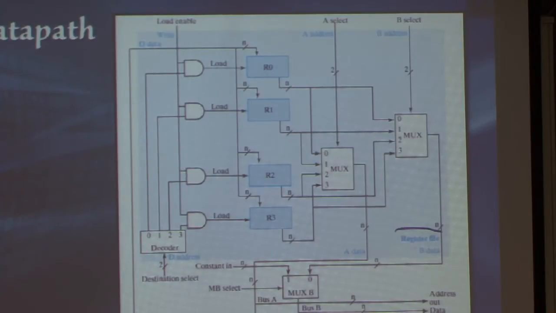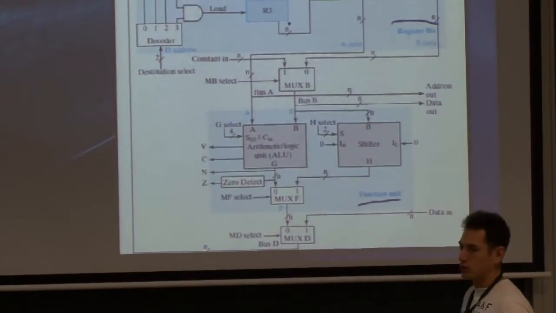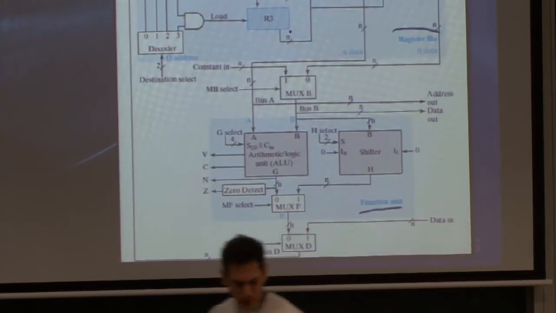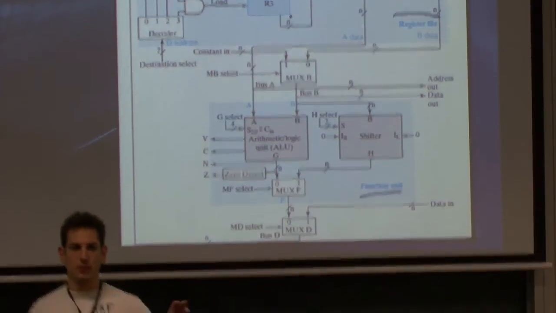The register file are registers, not that many of them. In this case here, we have 4 registers, R0 to R3. They are sitting right next to the ALU, the arithmetic logic unit, and the function unit overall. Now, the computer memory, by the way, is implementing a whole different technology.